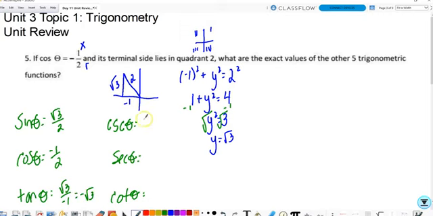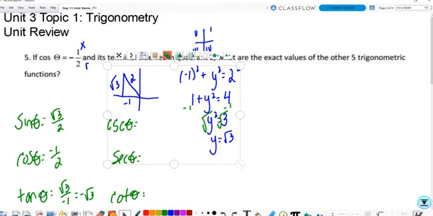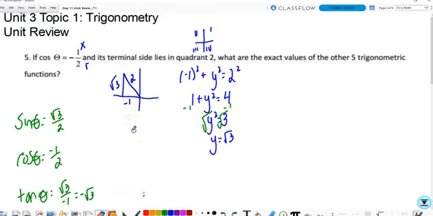All right, all our reciprocals. I'm not going to have enough room. Move them over here. All right, so cosecant is 2 over root 3.